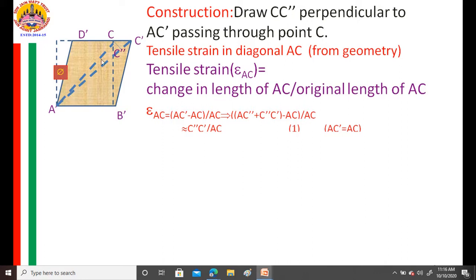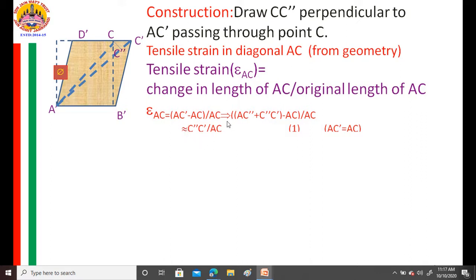If you see the figure carefully, AC and AC double dash are approximately same. Therefore, I can cancel the AC with AC double dash, and left out is CC double dash in the numerator and AC in the denominator.